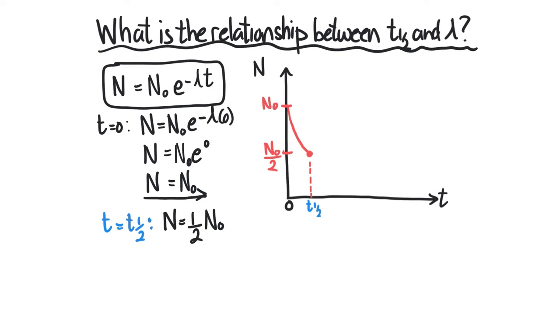Now, if we look at t equaling T1/2, what we call the half-life, then over this time interval, the number of undecayed nuclei is going to halve. So it's going to go from N0 to N0 over 2, or half N0. So now we can state that N equals half of N0, which is N0 over 2, when the time is equal to the half-life.